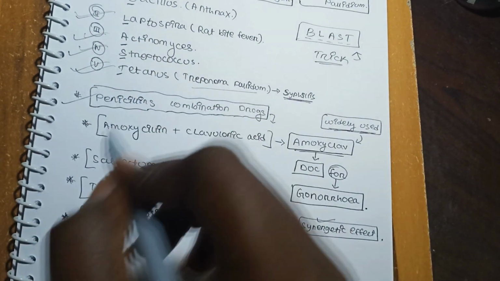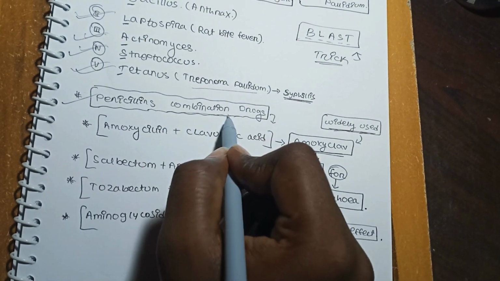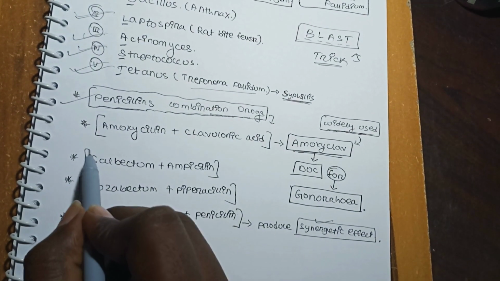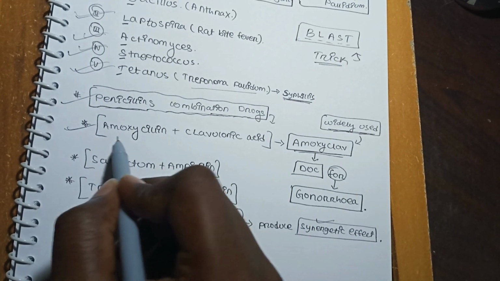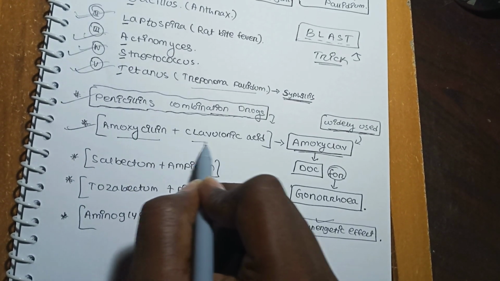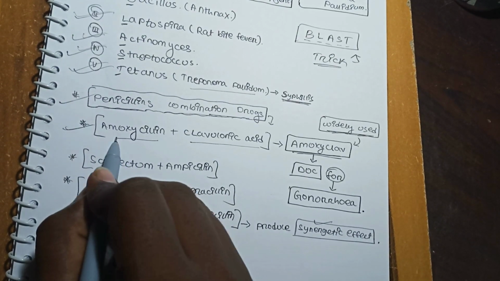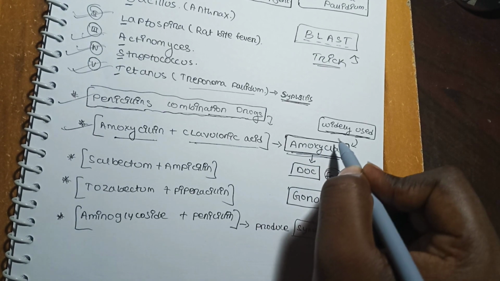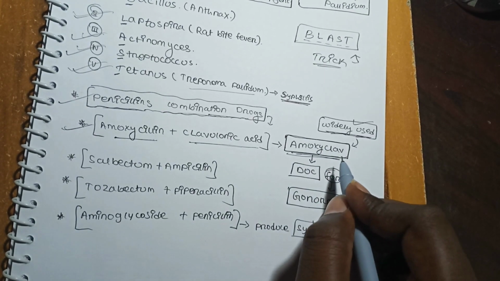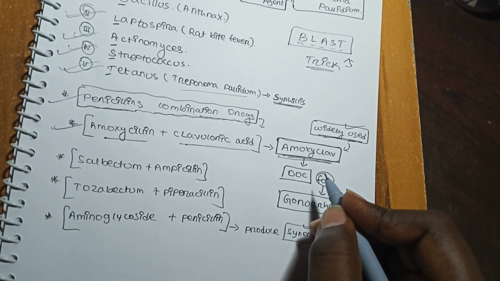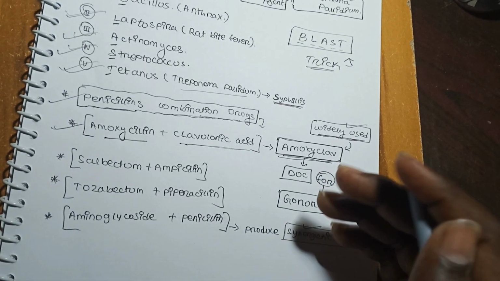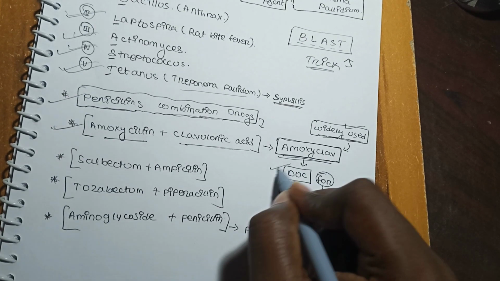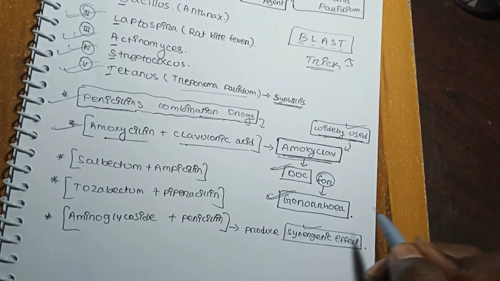Now we can see the combination drugs with penicillins. Amoxicillin plus clavulanic acid, amoxiclav. Amoxiclav is widely used, and amoxiclav is the drug of choice for gonorrhea.